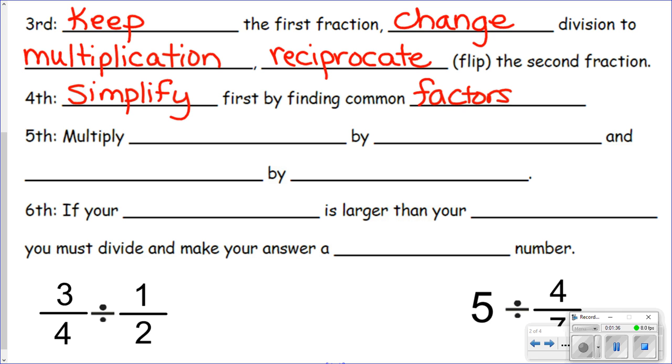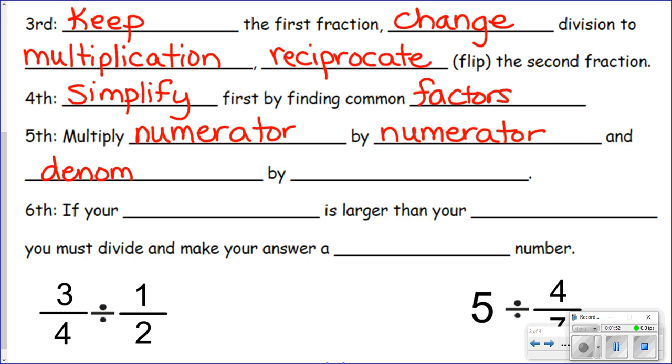Fifth, we will multiply numerator by numerator and denominator by denominator.